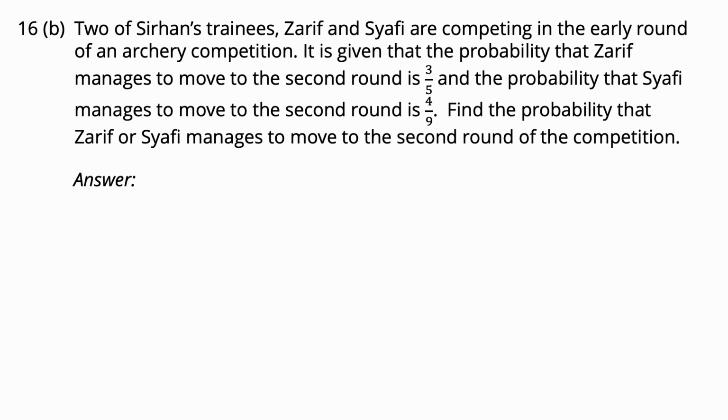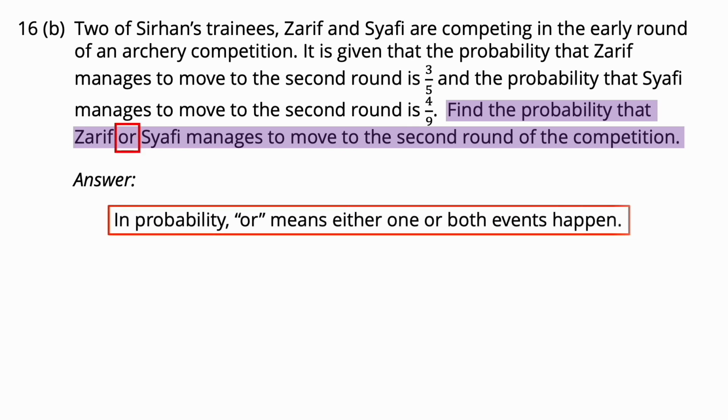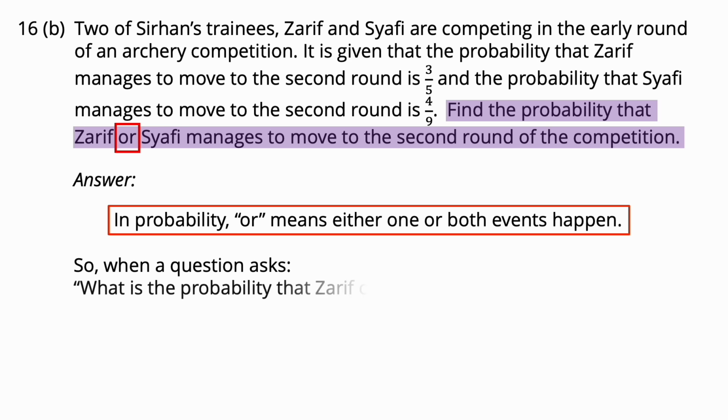16, B. We are to find the probability that Zarif or Shafi manages to move to the second round of the competition. The word "or" in probability means either one or both events happen. So, when a question asks, what is the probability that Zarif or Shafi moves to the second round?